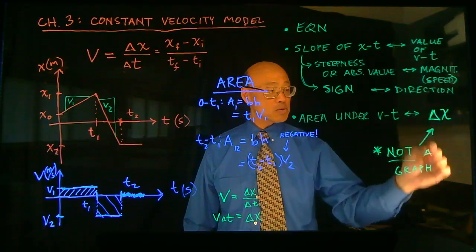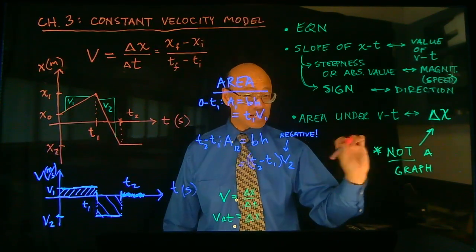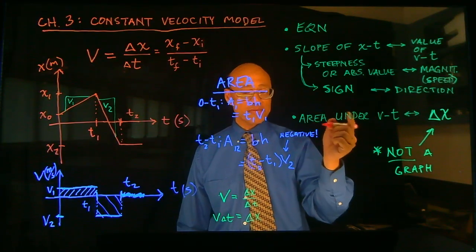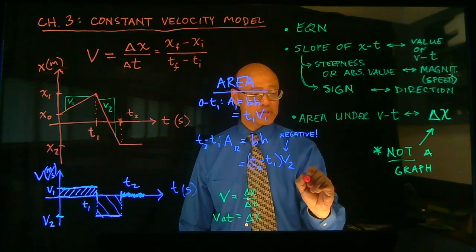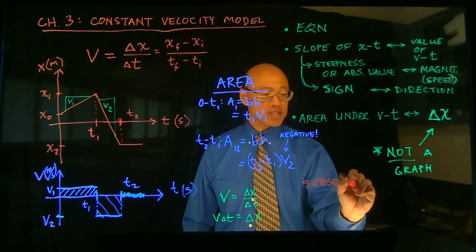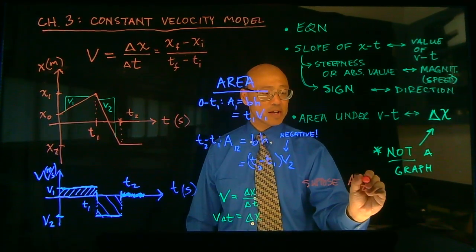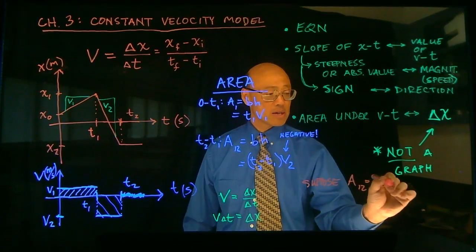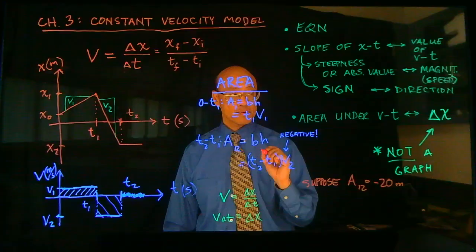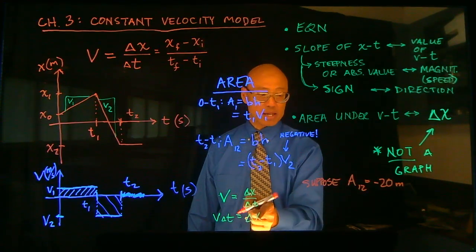The closest you would get is kind of in between, right? Suppose I calculate the area under my VT graph from 1 to 2, and I find out it's negative 20. If you look at the units, I should get negative 20 meters, because I got meters per second times seconds, I get meters.